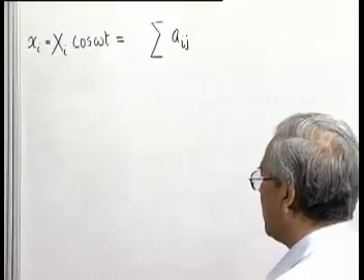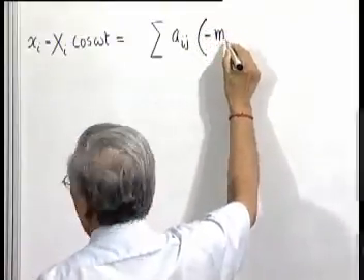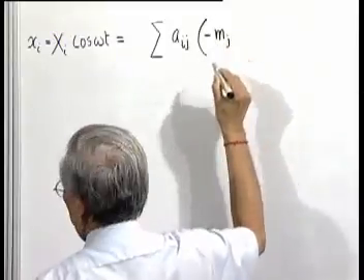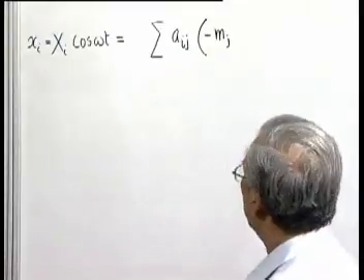Now, Fj will be minus Mj into Xj double dot. How much is Xj double dot?